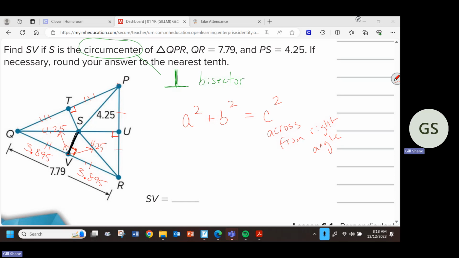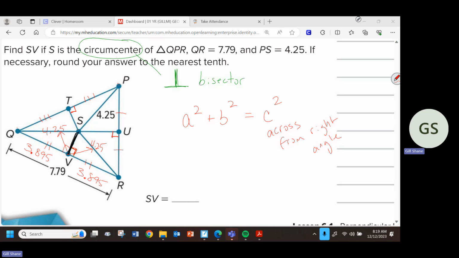Remember, the biggest angle is across from the longest side. In a right triangle, 90 will always be the biggest angle because the other two have to add up to 90 and can't be bigger. So the side across from it is always the longest side.